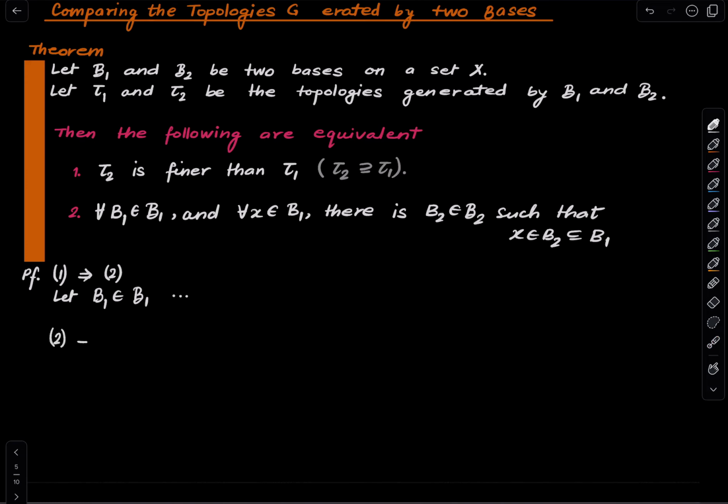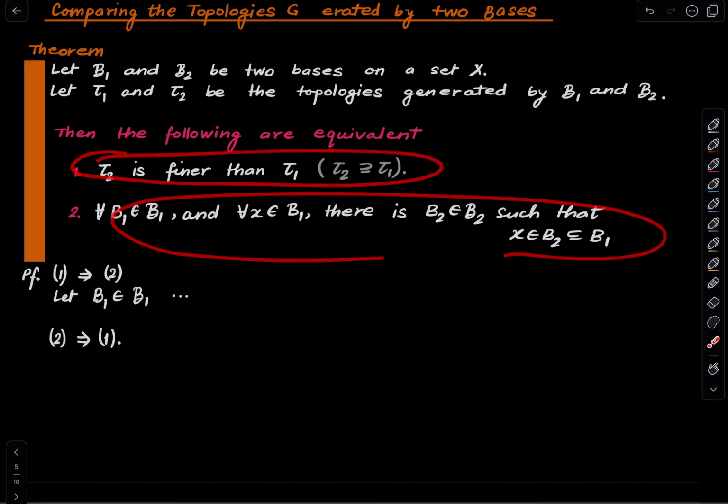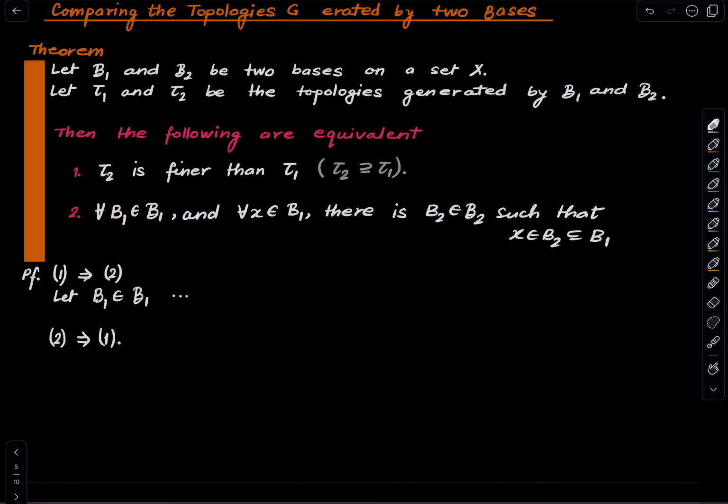And now for 2 implies 1. We assume the statement. We want to prove that statement. So let U1 be in tau1 arbitrary. We want to show that U1 is also in tau2. That's what it means to say that this is finer than that. Now U1 is the union of elements from B1.